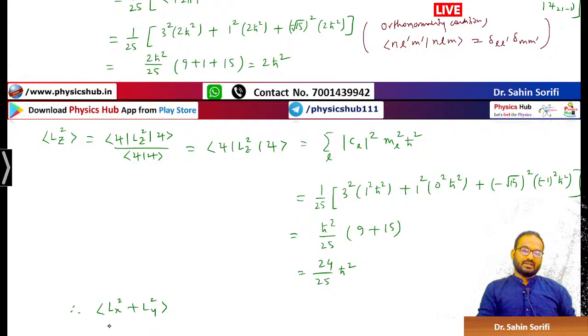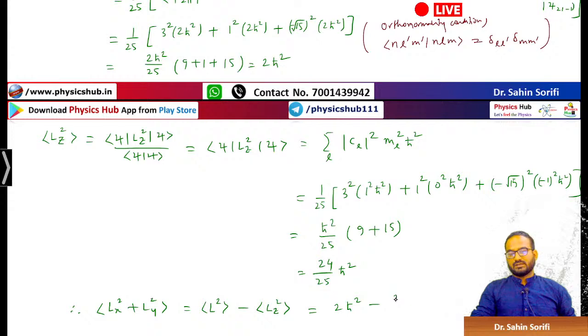of Lx² and Ly², it is the expectation value of L² minus Lz². L² we have got 2ħ², Lz² 24 by 25 ħ².